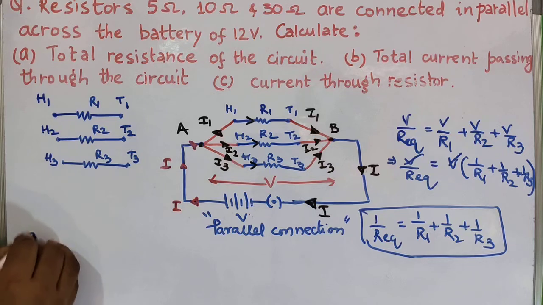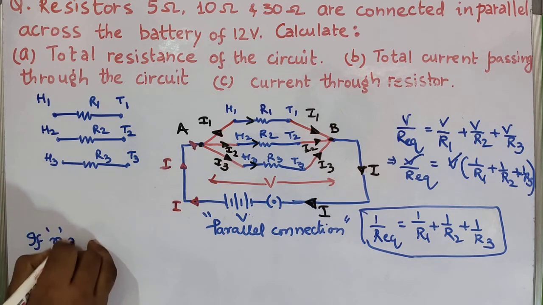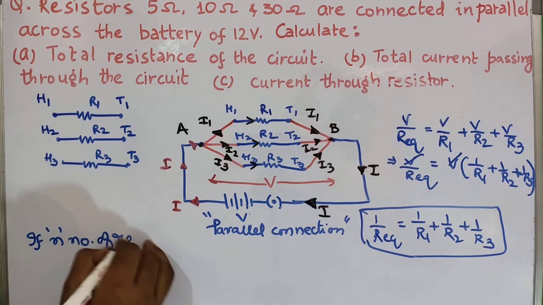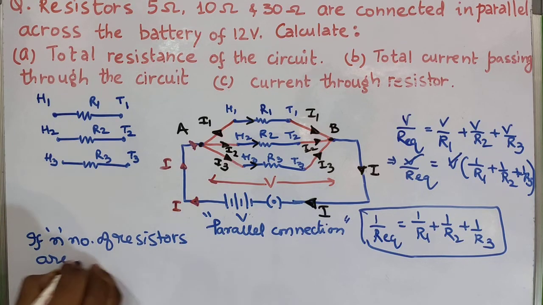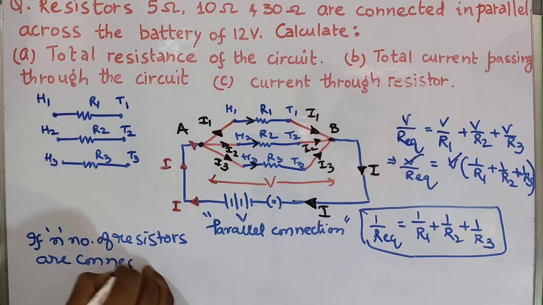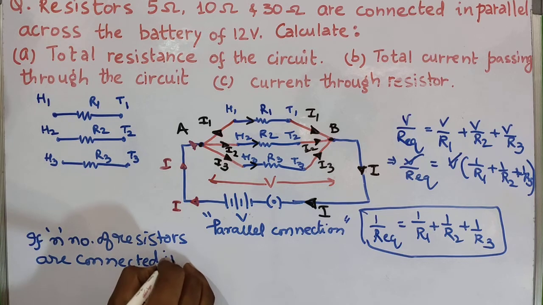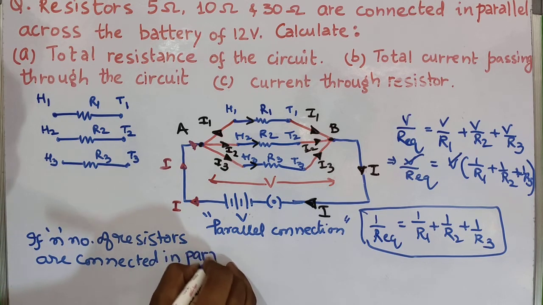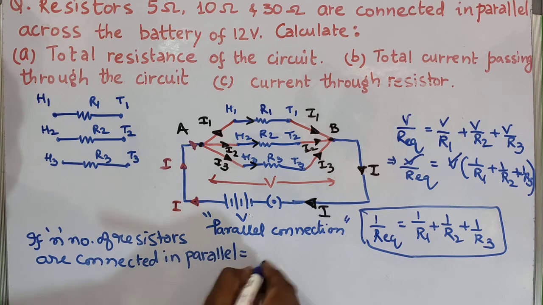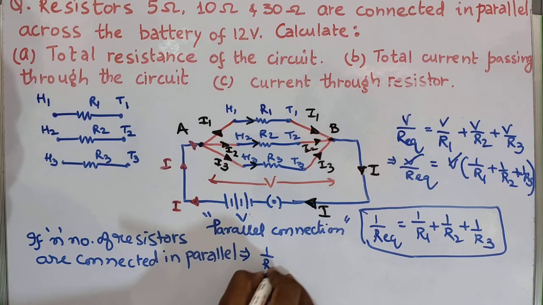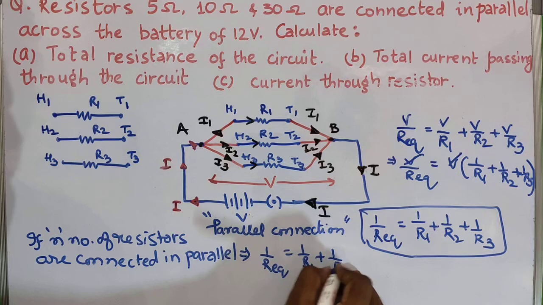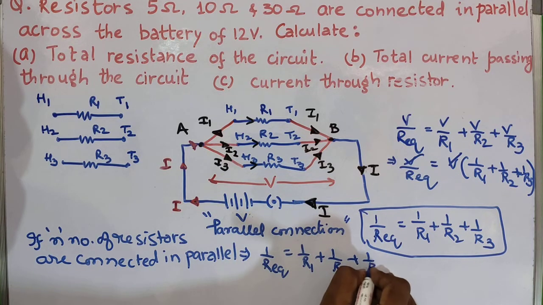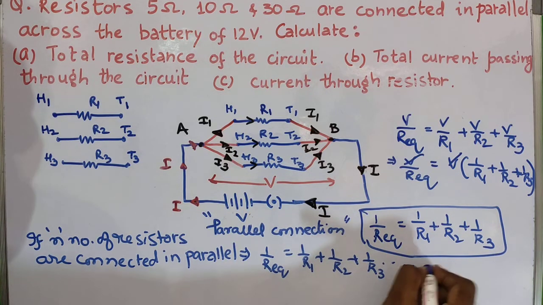If n number of resistors are connected in parallel, then what would be the formula? 1 by R equivalent is equal to 1 by R1 plus 1 by R2 plus 1 by R3 and so on up to 1 by Rn.